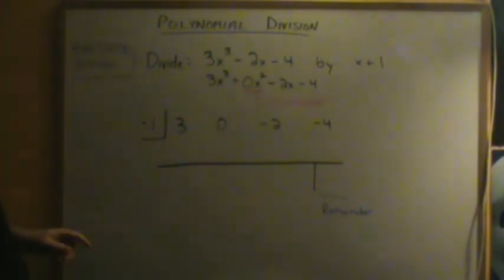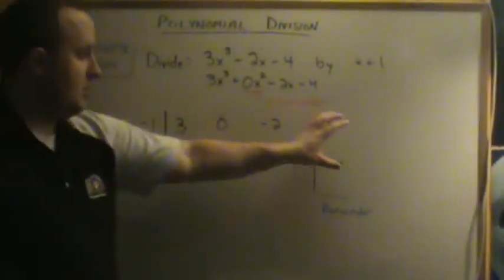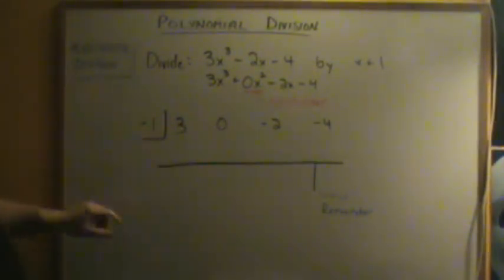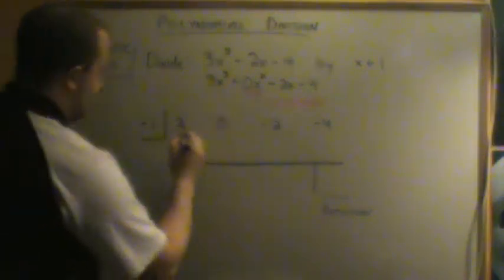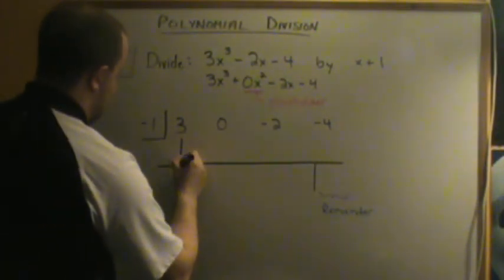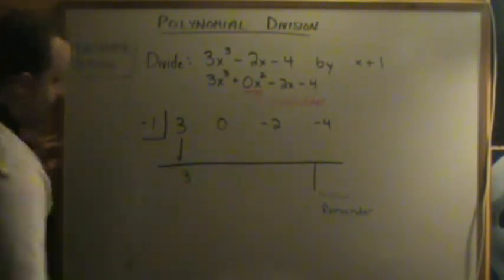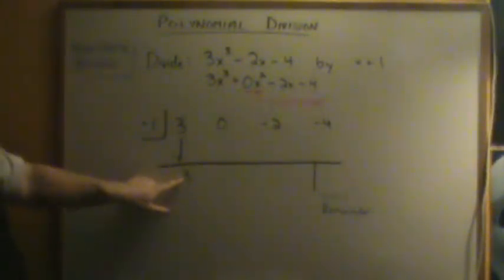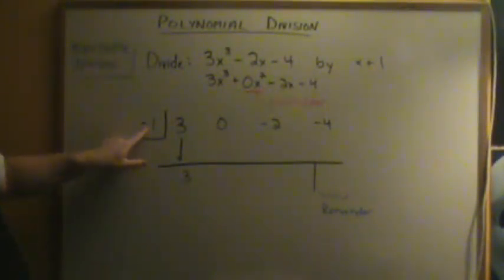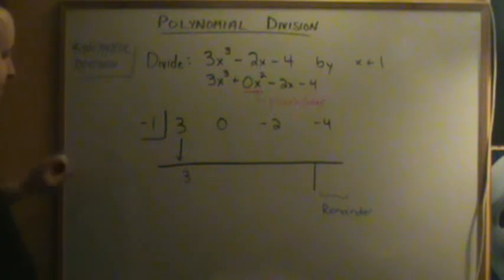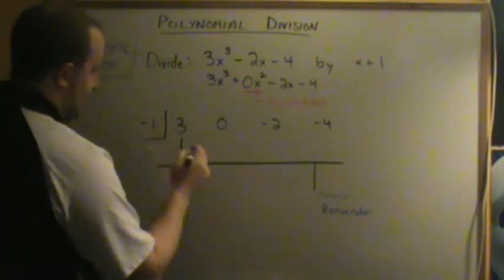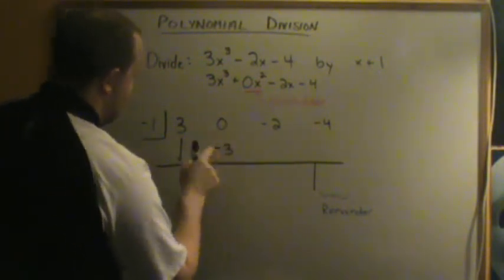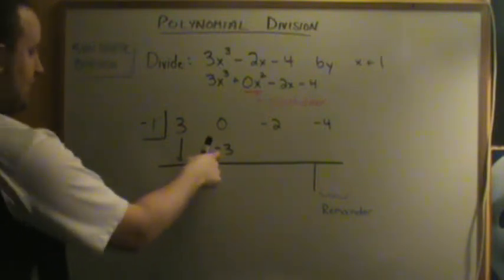Alright, so the first step after you complete all this stuff is we're going to bring this 3 down. And then we're going to take this 3 and multiply it by negative 1. 3 times negative 1 is negative 3, and we write it up there.